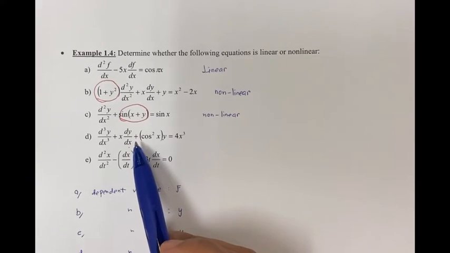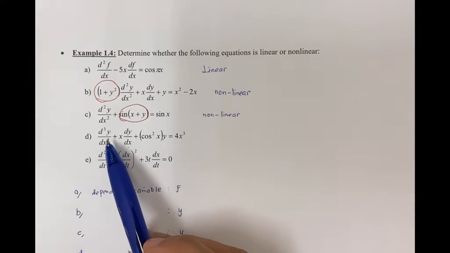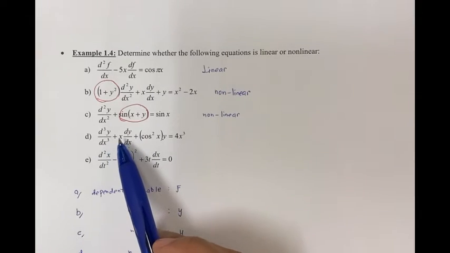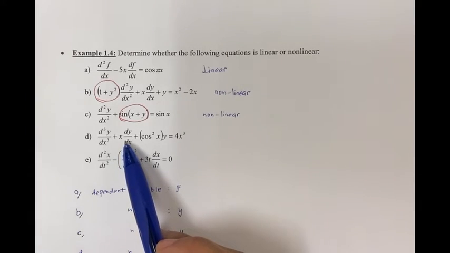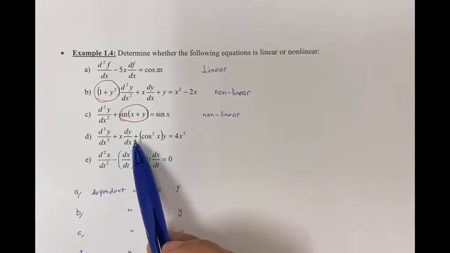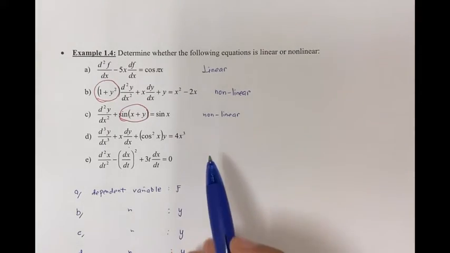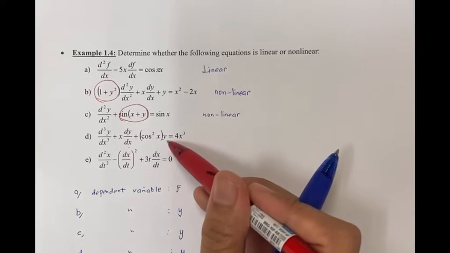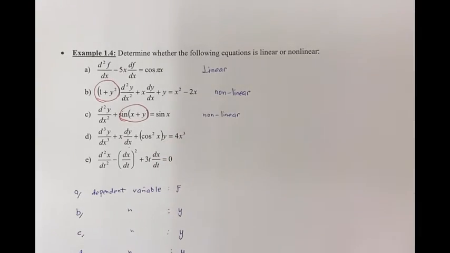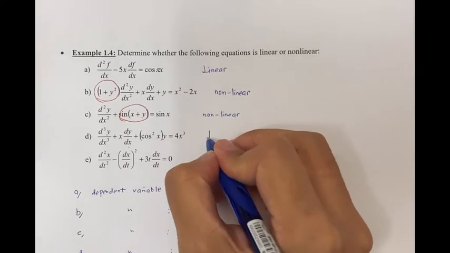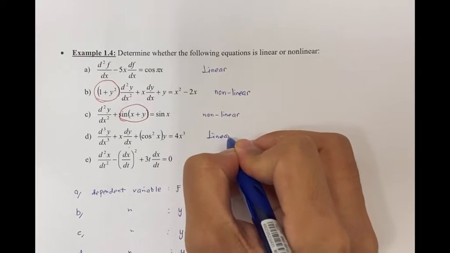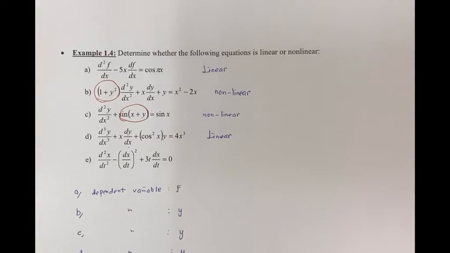Second condition, the derivative is not raised to a power, so we pass as well. Third, y must be linear, and it is. So we pass all the conditions, and this is a linear equation.